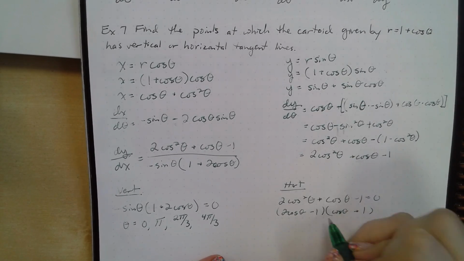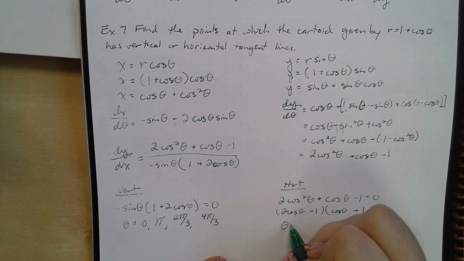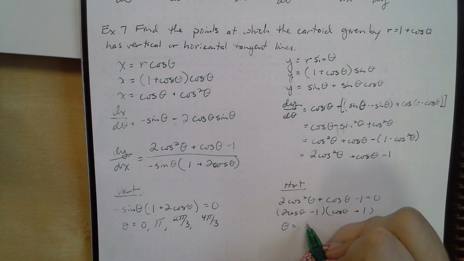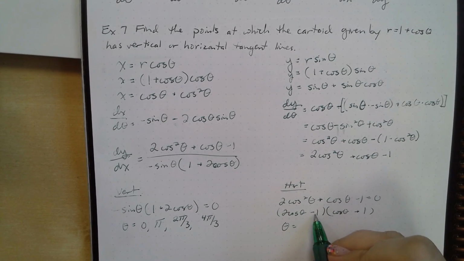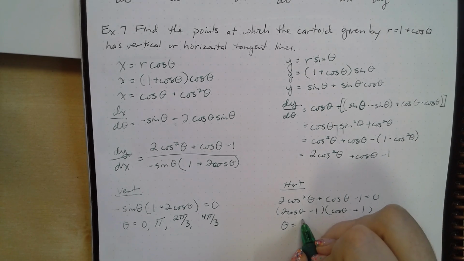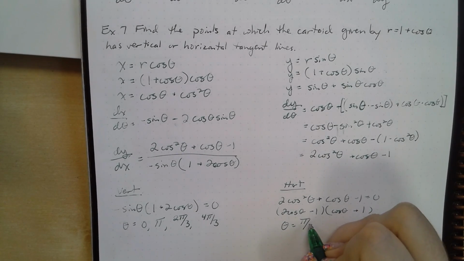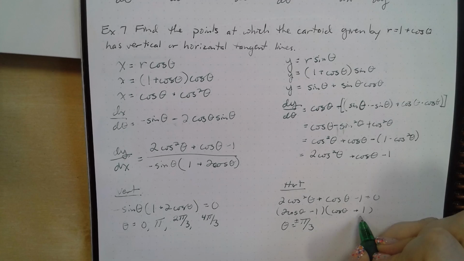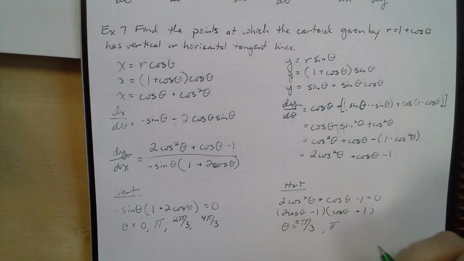So plus 1. So theta equals, what are we going to have here? This would be a positive 1/2, so pi over 3, plus or minus, and then when it's negative 1, when it's pi, right?